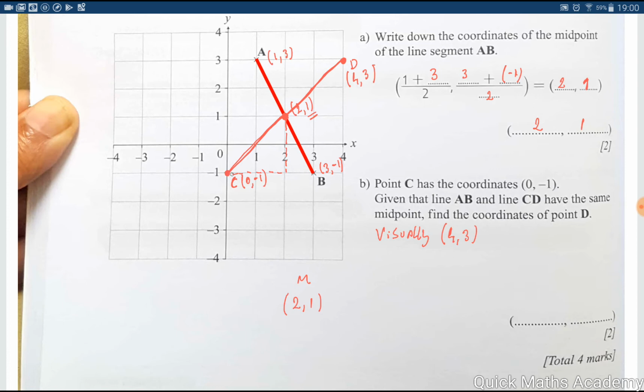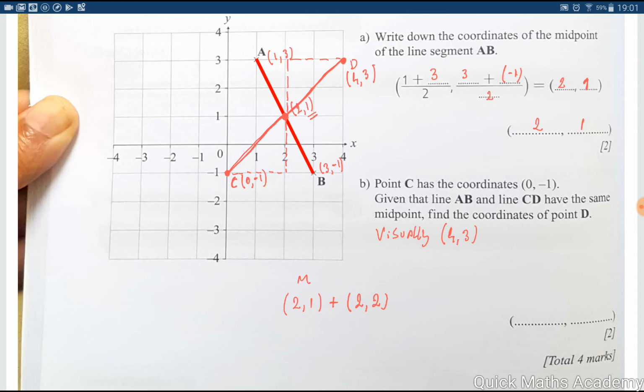That means that to go to the other side, I have to go 2 up and 2 to the right. So what I have is the vector 2, 2. 2, 2 means 2 up and 2 to the right, or 2 to the right and 2 up, it's the same.